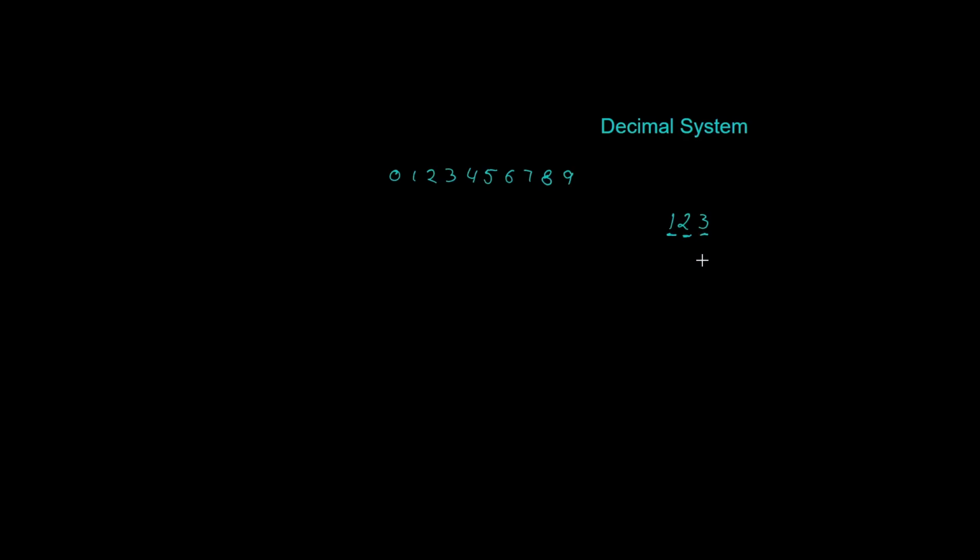So this place value right here is 10 to the power of 0. This other one is 10 to the power of 1. The next one is 10 to the power of 2. And then if we had another one, that would be 10 to the power of 3, and so forth.